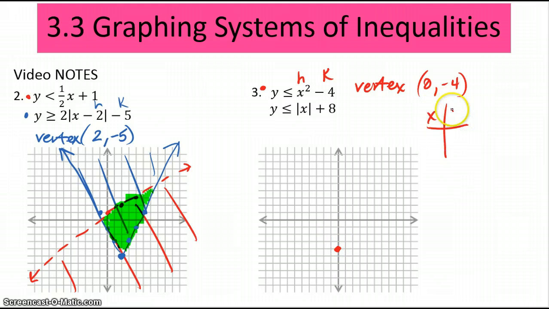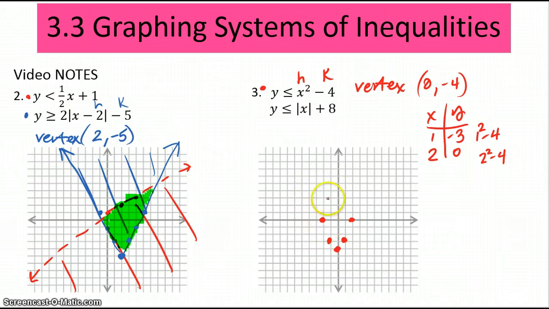And we need some points to the right, so I'm going to pick 1 and 2. So 1 squared minus 4 is 1 minus 4, which is negative 3. So 1, negative 3. I'm going to mirror it on the other side. And then 2 squared minus 4 is going to be 0. So 2, 0. And then I'm going to mirror it on the other side.